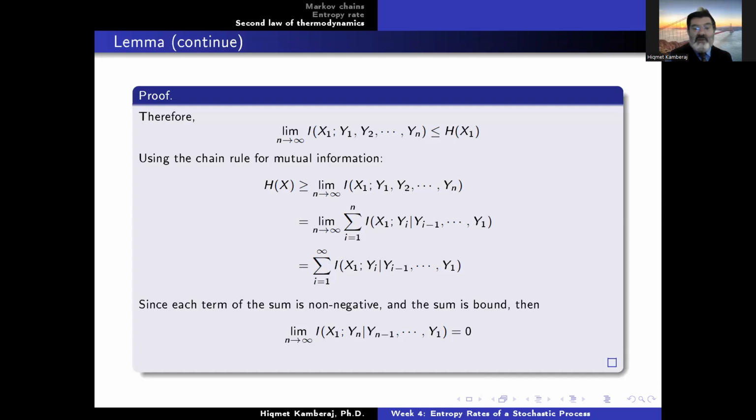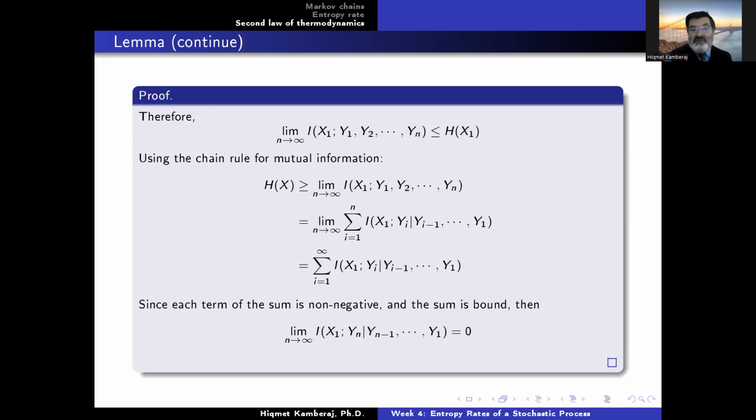Then using the chain rule for the mutual information, we obtain that h of x1 is greater than or equal to the limit when n goes to infinity of the mutual information between x1 and all the random variables y1 to yn. And this right-hand side is equal to the limit when n goes to infinity of the sum of i from 1 to n.